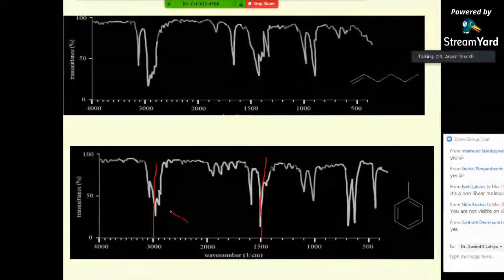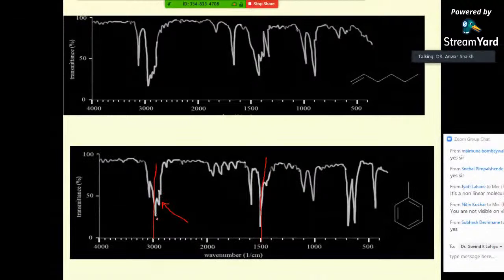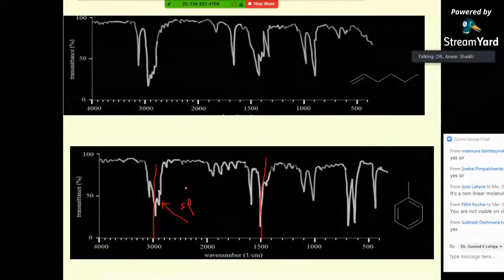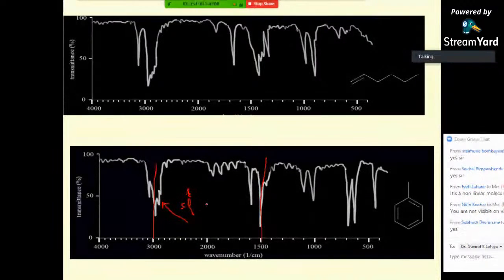Here I am finding again these shoulder peaks and one peak here, and I expect it is due to 2900 sp3 CH, maybe a CH3 group connected here. So this is CH stretching at 2900.